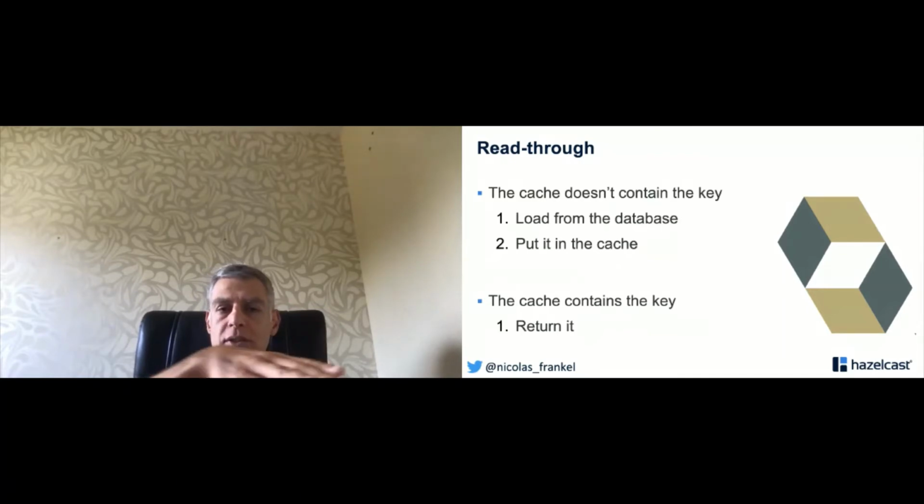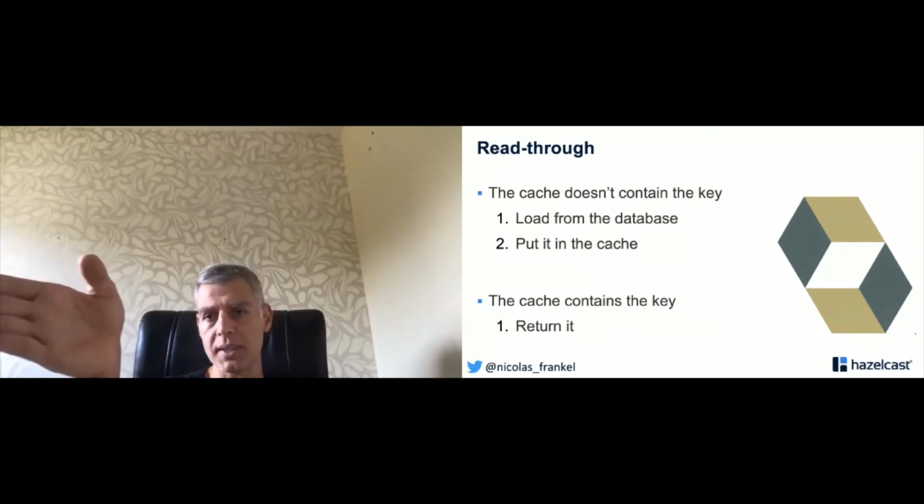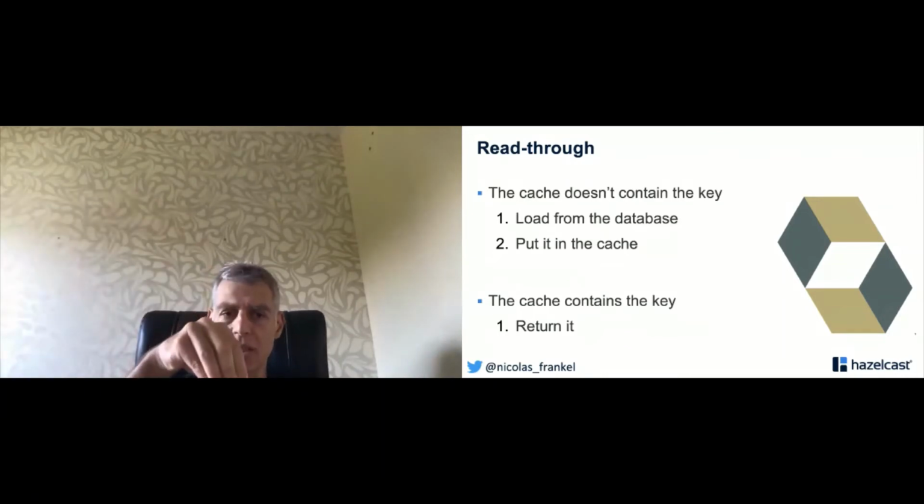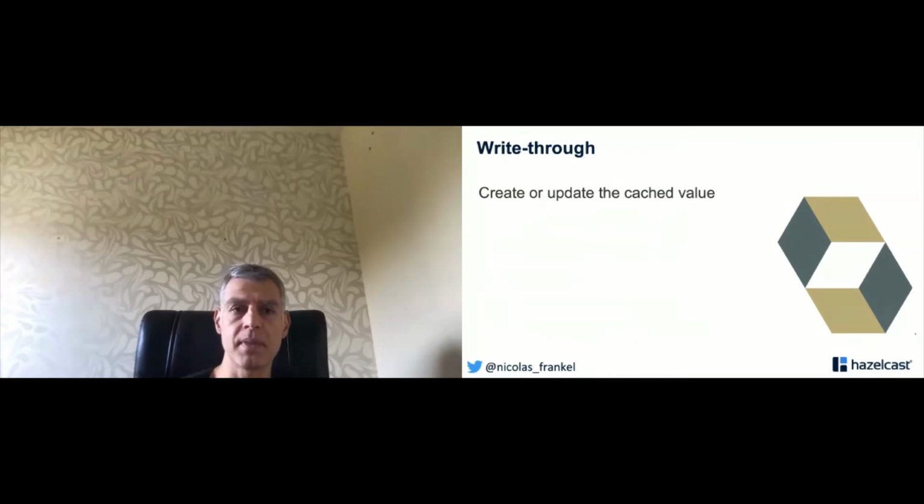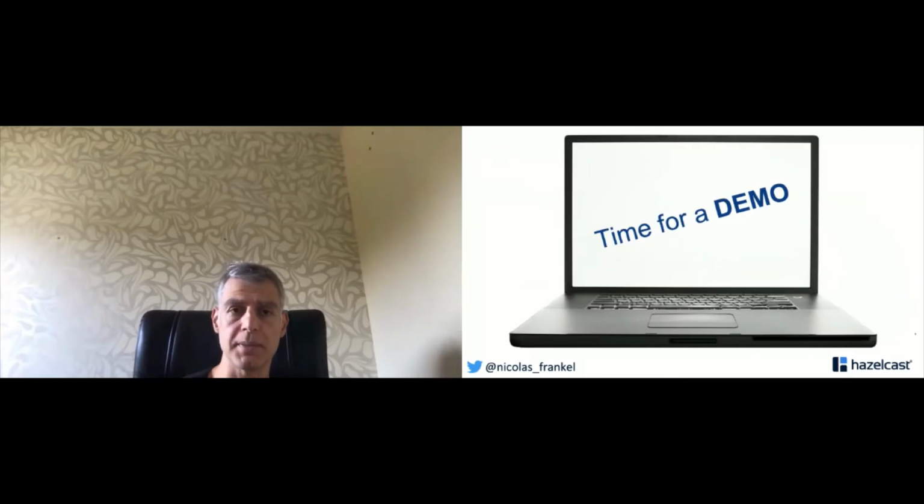If the cache doesn't contain the key, it will load from the database and put it in the cache. The next time you try to load again, it will look in the cache and return the value because it has found the key. And every time you do a write, you either create or update the cache value. So this is pretty simple.